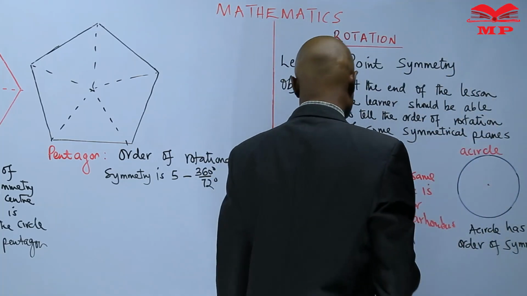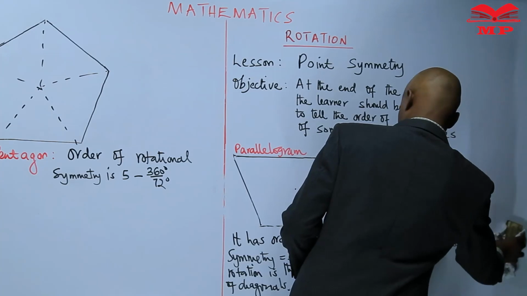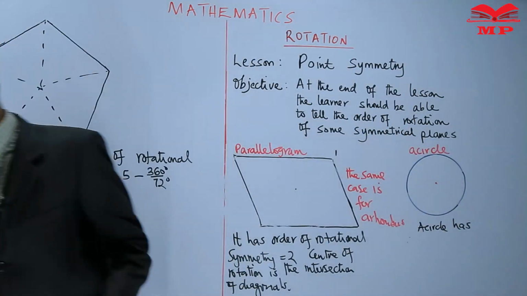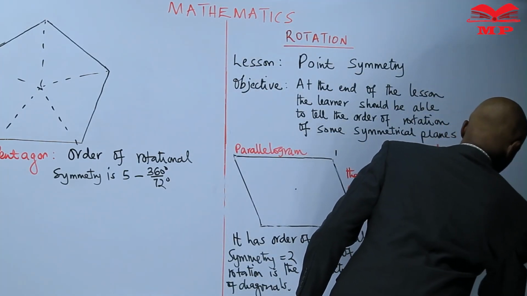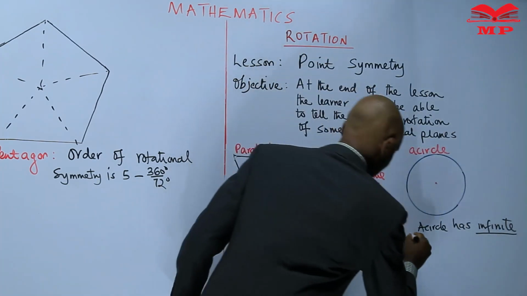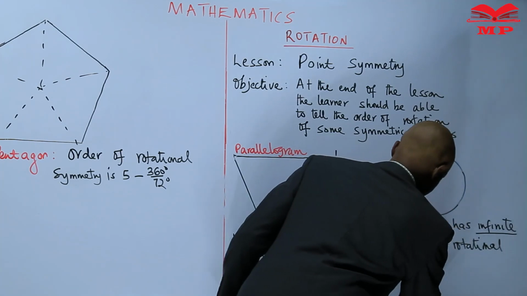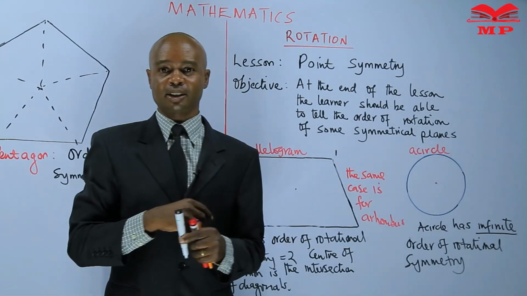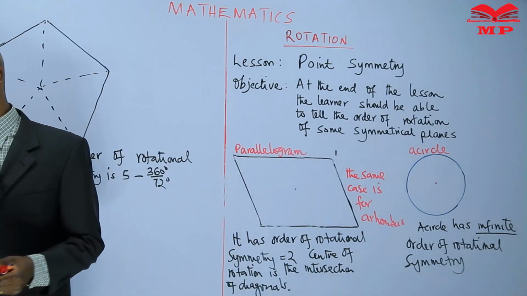We say a circle has uncountable, infinite order of rotational symmetry. It means it is uncountable. Wherever you turn it, it will still fall on the same circle. It's not like a parallelogram or a pentagon or a hexagon. It is infinite. We still have another friend of ours called the square.